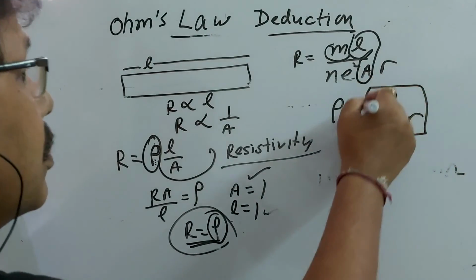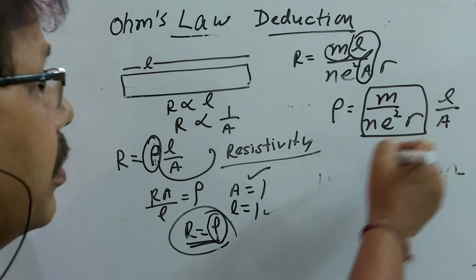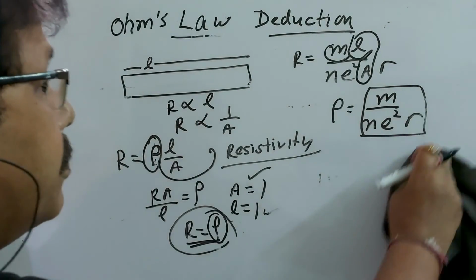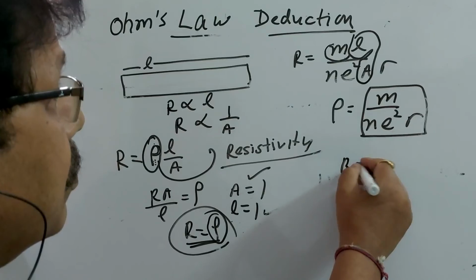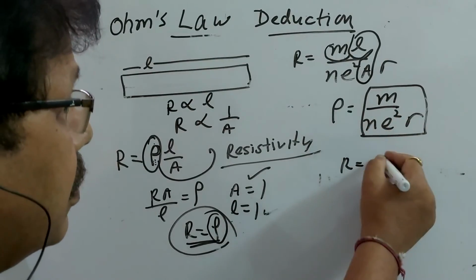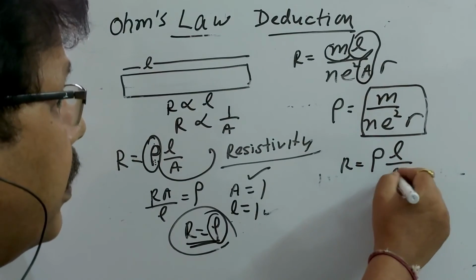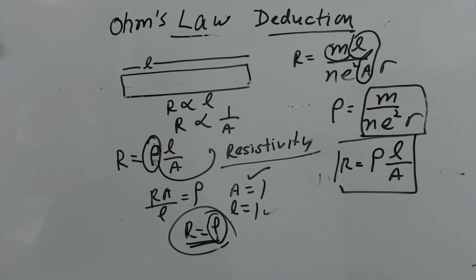So resistance is equal to this resistivity into L by A. This is the expression for this.